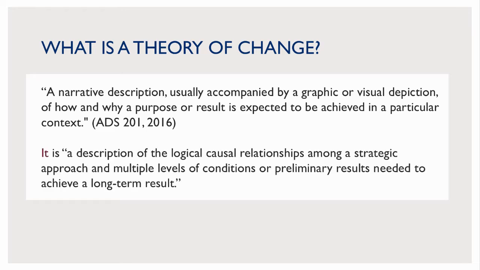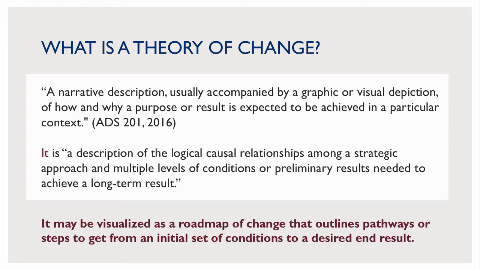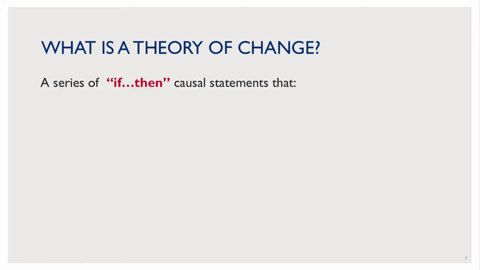The USAID Biodiversity Programming How-To Guides expand on this definition by describing a theory of change as a description of the logical causal relationships among a strategic approach and multiple levels of conditions or preliminary results needed to achieve a long-term result. Theories of change can also be visualized as a roadmap of change that outlines pathways or steps to get from an initial set of conditions to a desired end result.